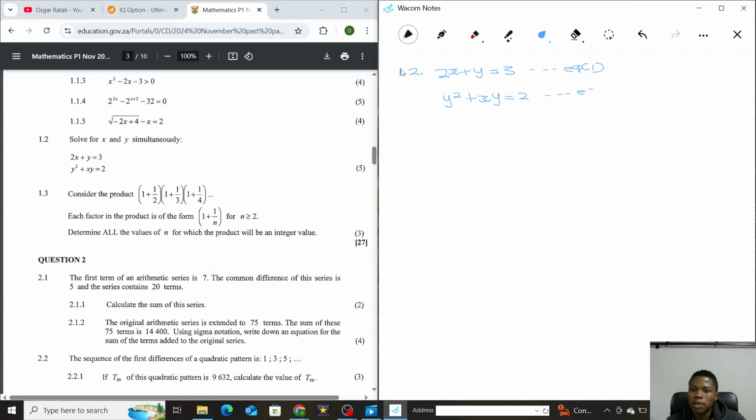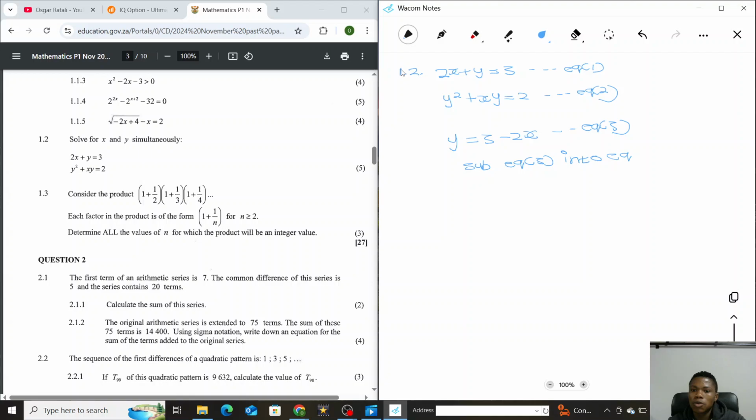Okay, I will start by generating equation 3. I will use my equation 1 because I see it will be easy. I will have y is equal to 3 minus 2x as my equation 3. Therefore, I will substitute equation 3 into equation 2.